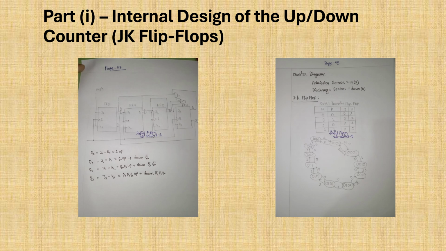I show the 4-bit state chart diagram and the JK flip-flop table: 00 gives J = 0, K = don't care; 01 gives J = 1, K = don't care; 10 gives J = don't care, K = 1; and 11 gives J = don't care, K = 0. Moving to the next slide.